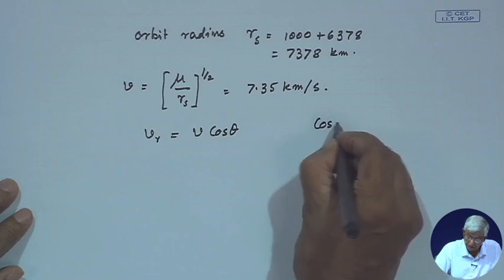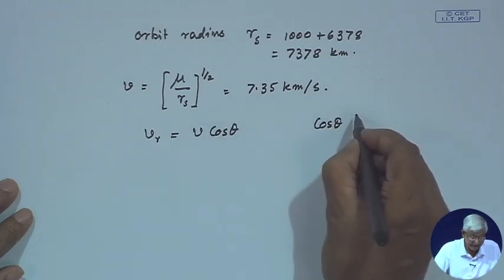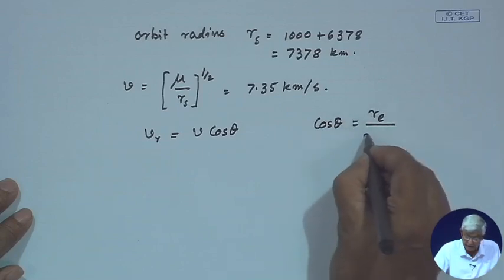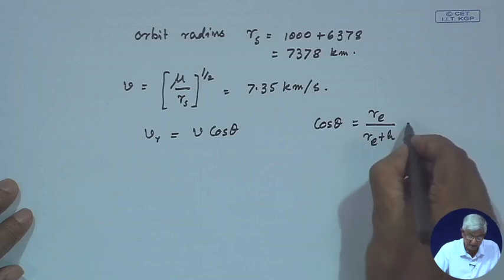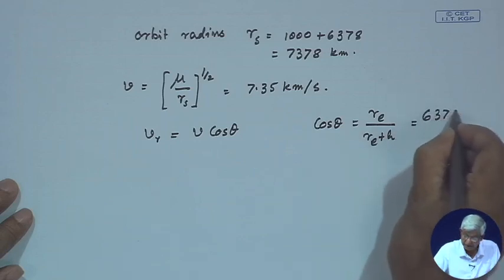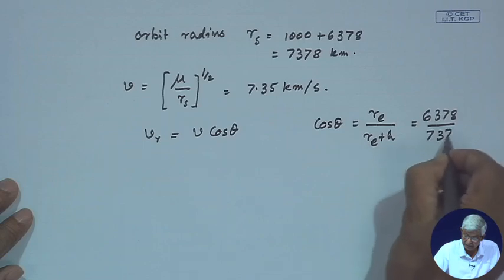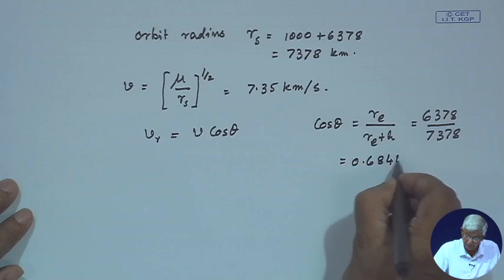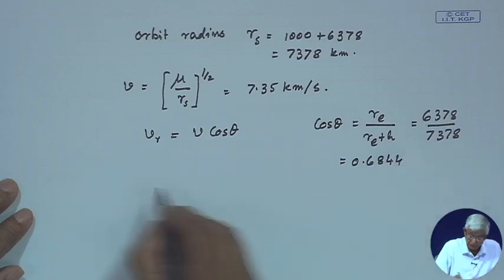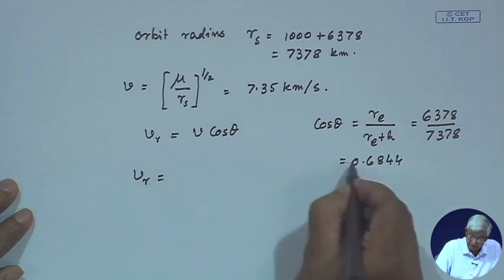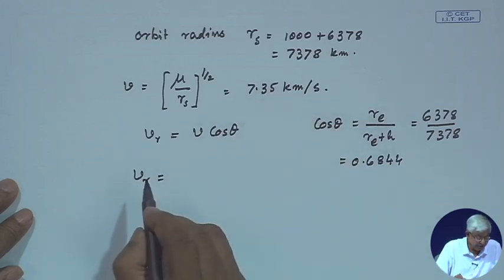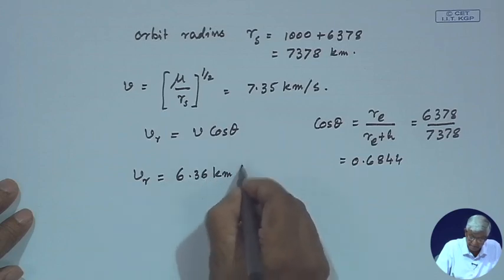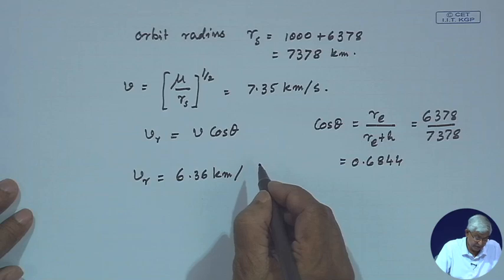And the cos theta, since it is making a right angle triangle when it is rising, is equal to Re by Re plus h, that is Rs, which is 6378 by 7378, which is equal to 0.6844. So, Vr with this cos theta value and this V value comes out to be 6.36 kilometer per second.